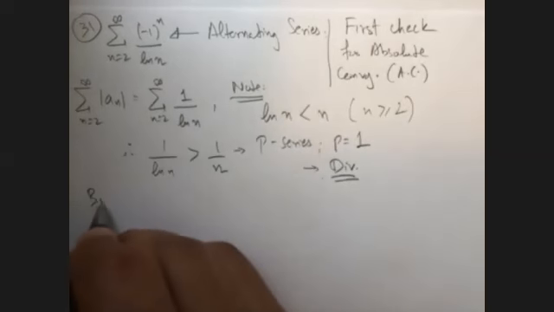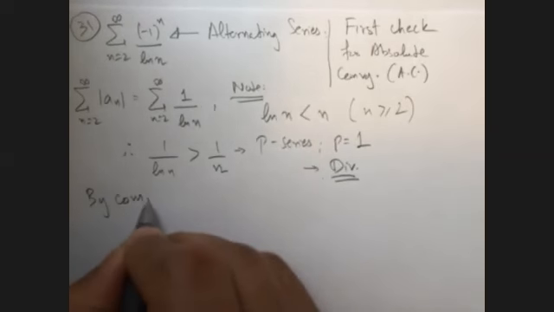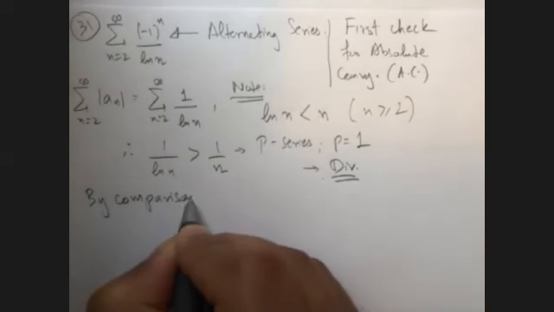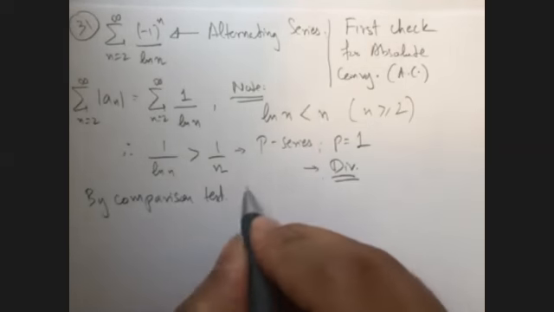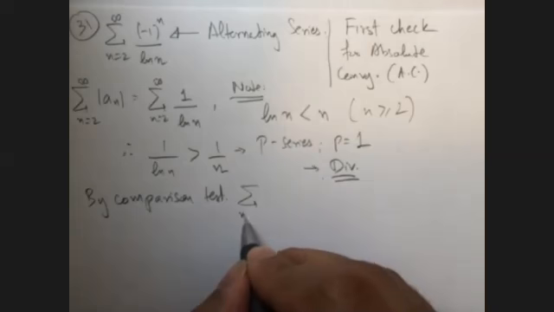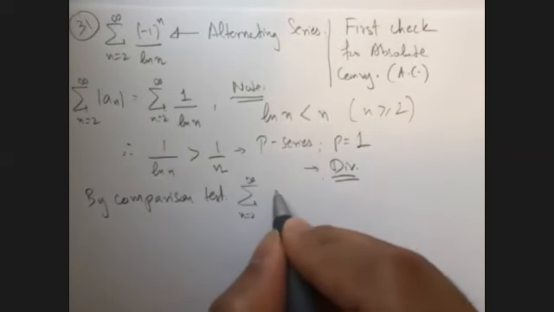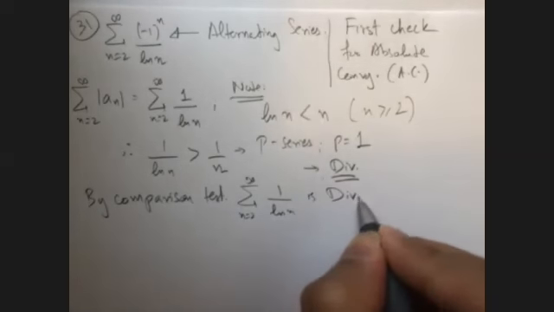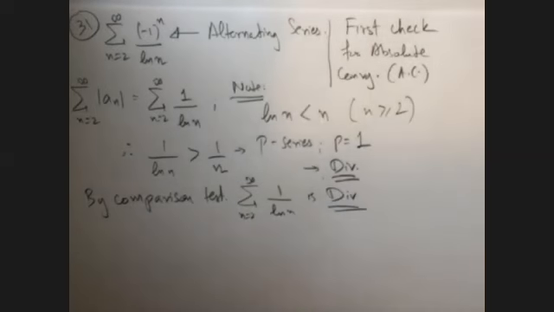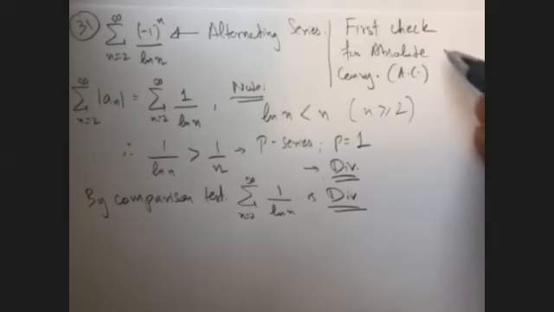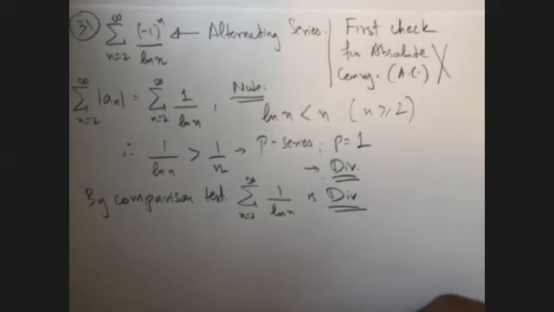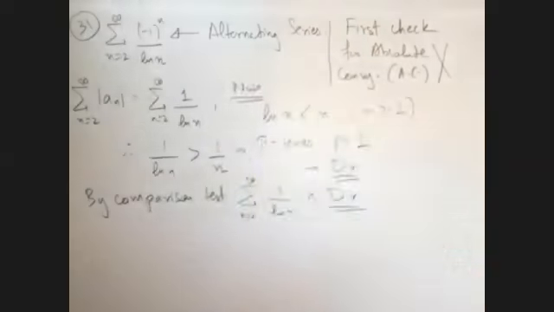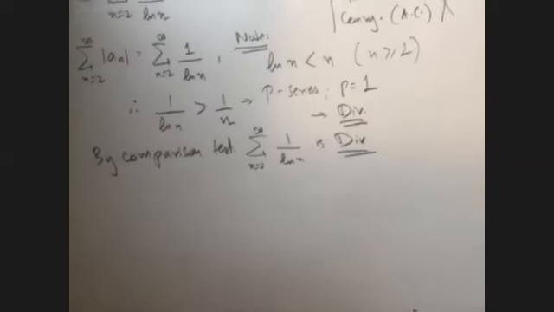So by comparison test, this series is divergent. So it means this is not absolutely convergent. So now next we check for conditionally convergent.